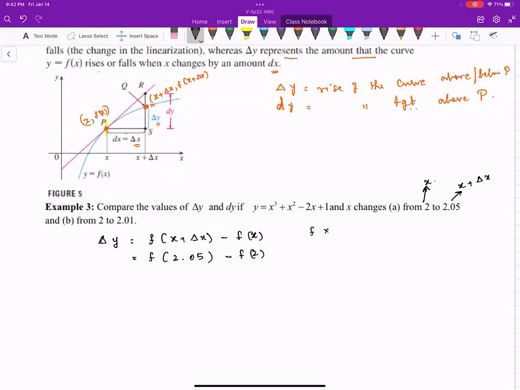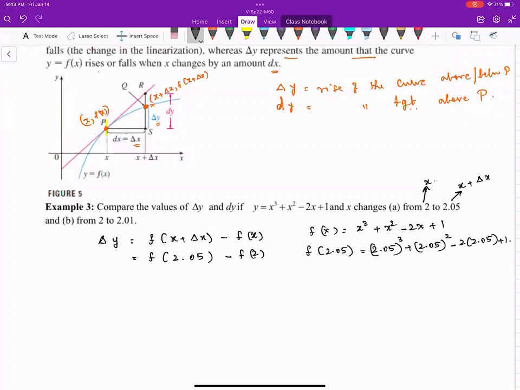So what is f of x? That is given to be x cubed plus x squared minus 2x plus 1. So what is f at 2.05? You substitute 2.05 cubed plus 2.05 squared minus 2 times 2.05 plus 1.